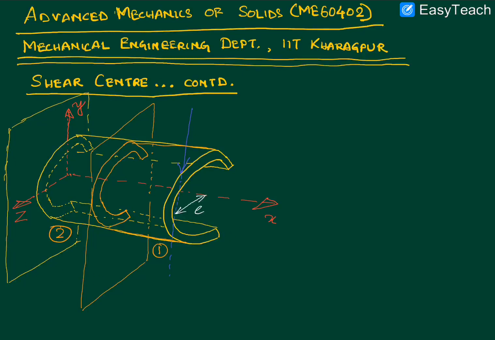We had a cantilever beam which was shaped like this. The two most important characteristics of this shape are that it is open-ended, so these two ends are not joined, and very importantly, the thickness of this structural member is very, very thin. When I say thin, it basically means that it is thin in comparison to the other dimensions of this beam.